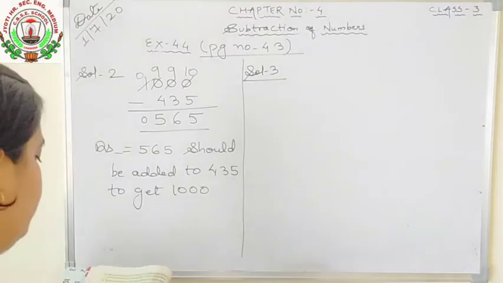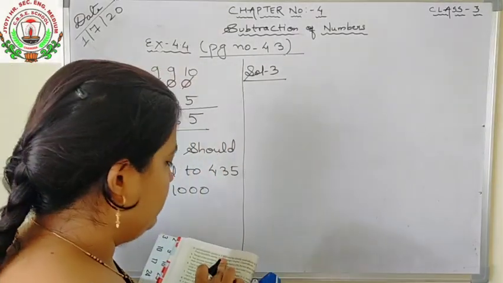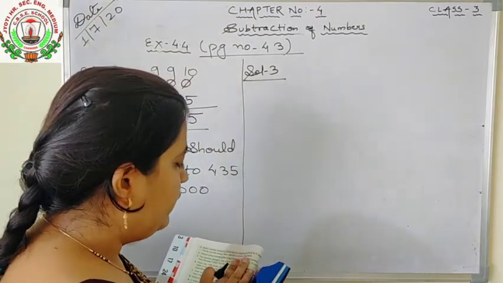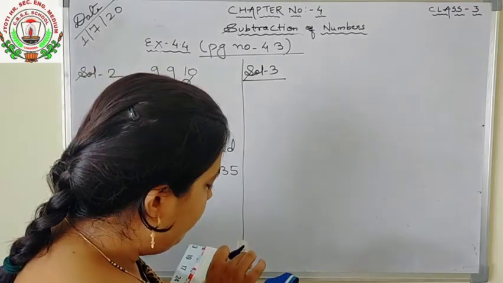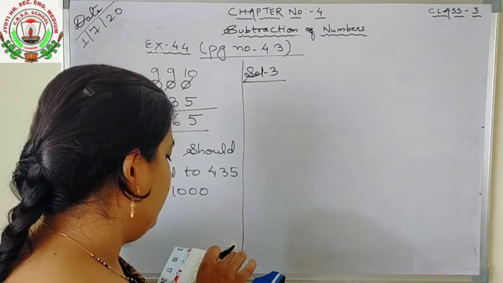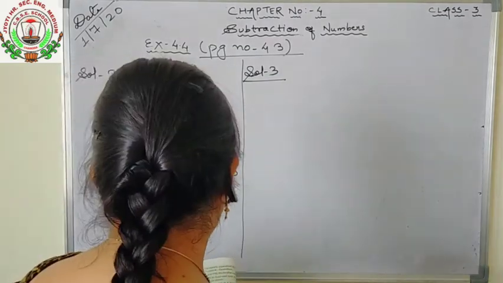Question number 3. John's monthly income is rupees 8,000 and his monthly expenditure is 4,690. Find his monthly saving. We have to find the monthly saving.